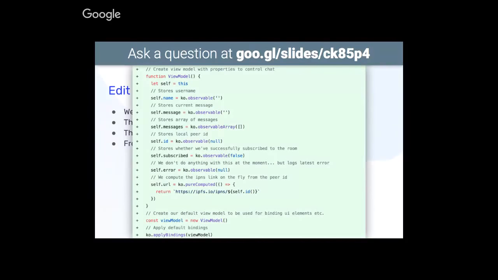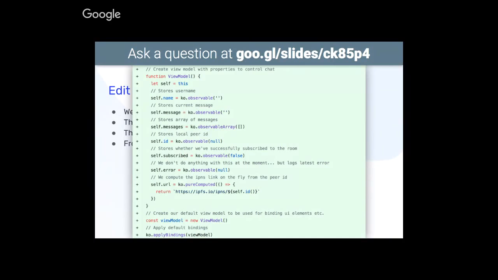Then we're going to store whether we've successfully subscribed to the pubsub room once we fire that up. I also track errors, but don't actually do anything with them at the moment, just to show you that that's doable as well. And then we compute the IPNS link on the fly from the peer ID so that you could click on a user's profile and go visit their profile if you wanted.